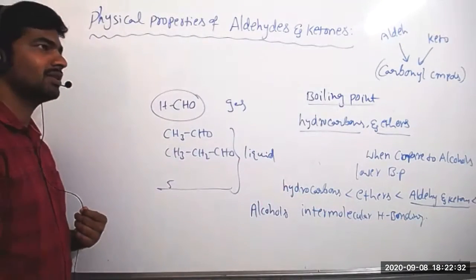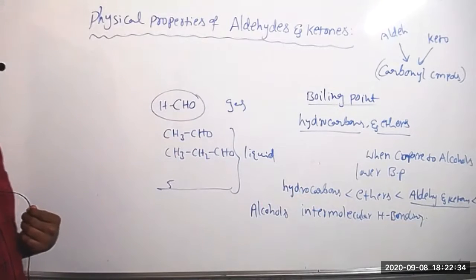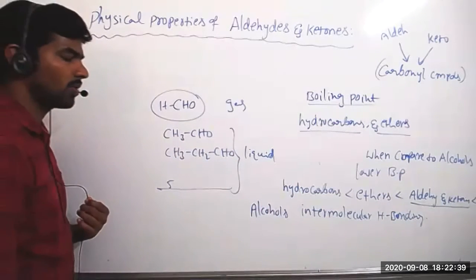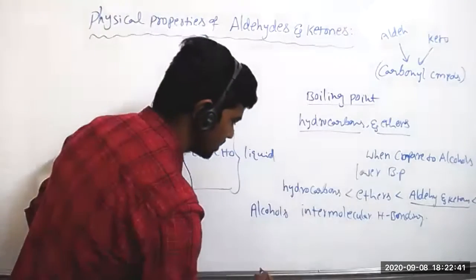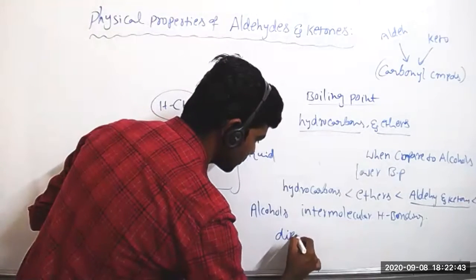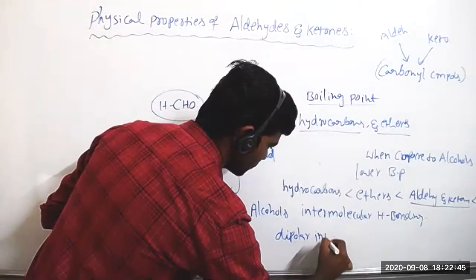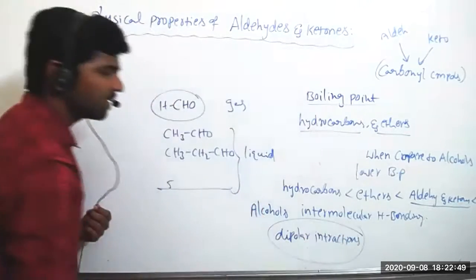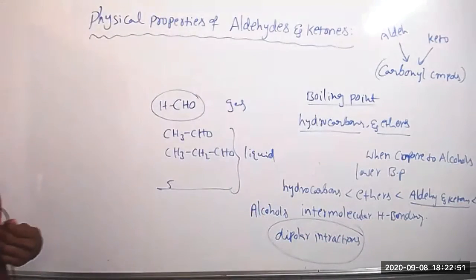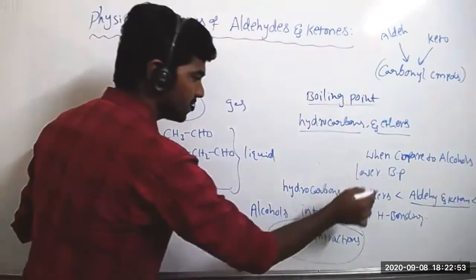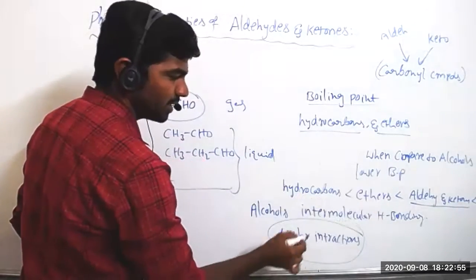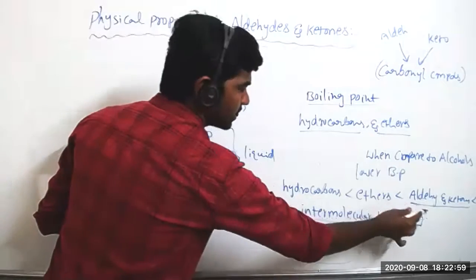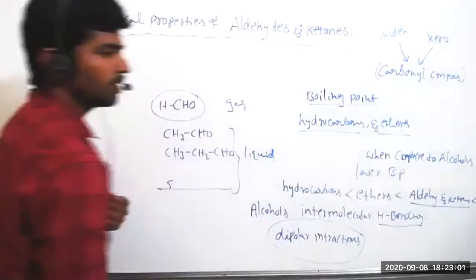And aldehydes and ketones can't form hydrogen bonds among themselves, but they have a polar bond. We can call it dipolar interactions. Due to dipolar interactions, aldehydes and ketones have a higher boiling point than hydrocarbons and ethers, but these dipolar interactions are weaker than hydrogen bonds. That's why aldehydes and ketones have a lower boiling point than alcohols.